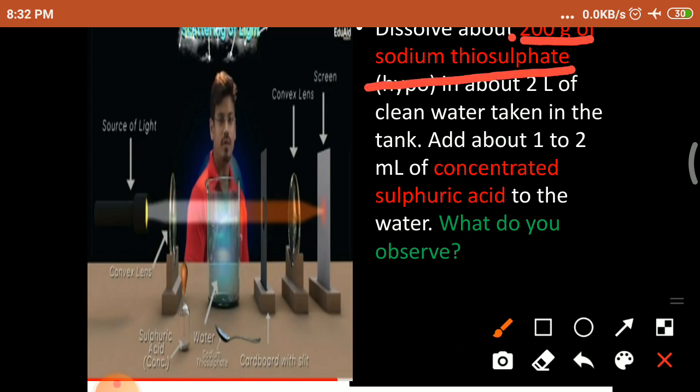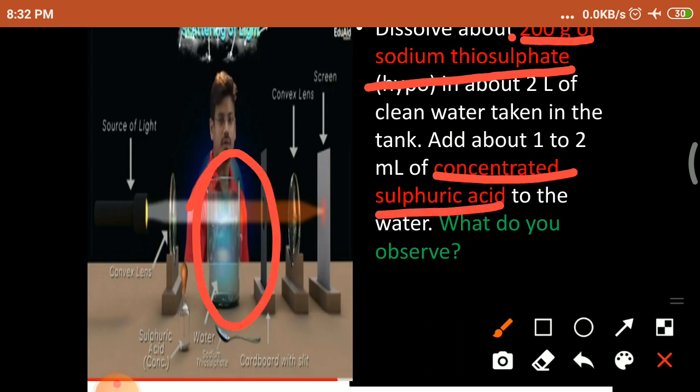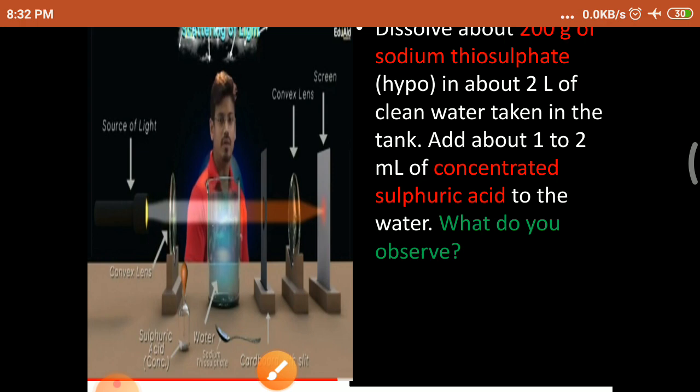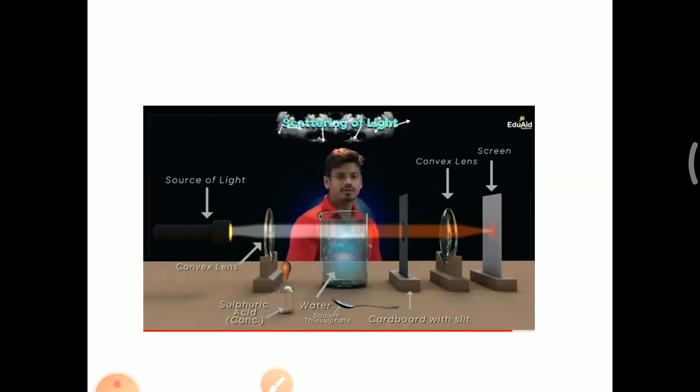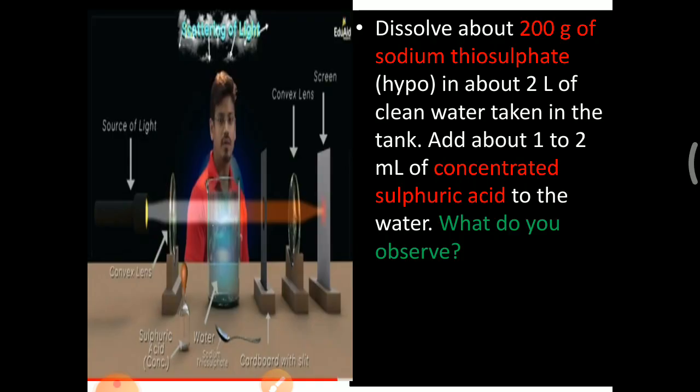In the water tank, dissolve 200 gram of sodium thiosulfate in about 2 liters of clean water, and add 1 to 2 ml of concentrated sulfuric acid to the water.